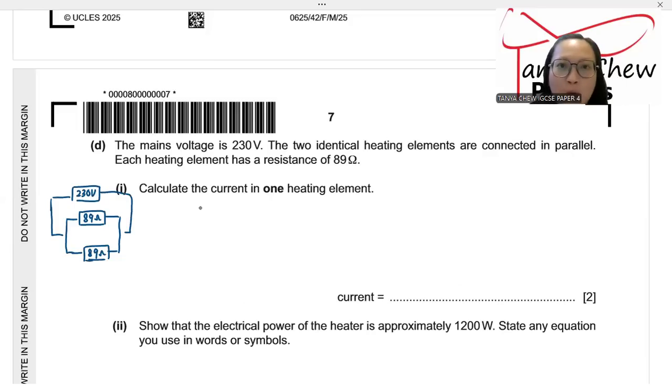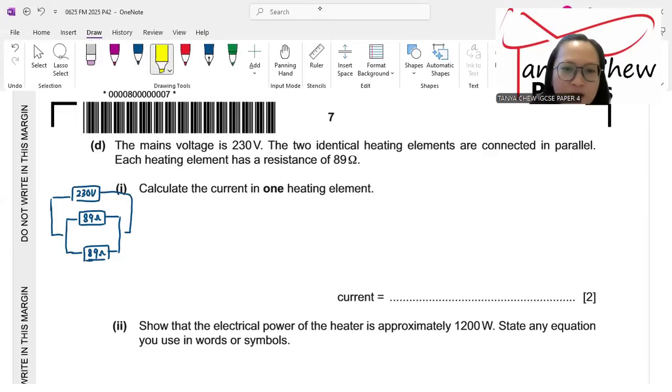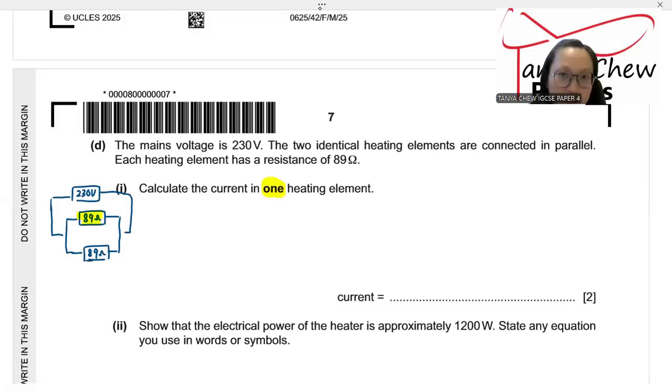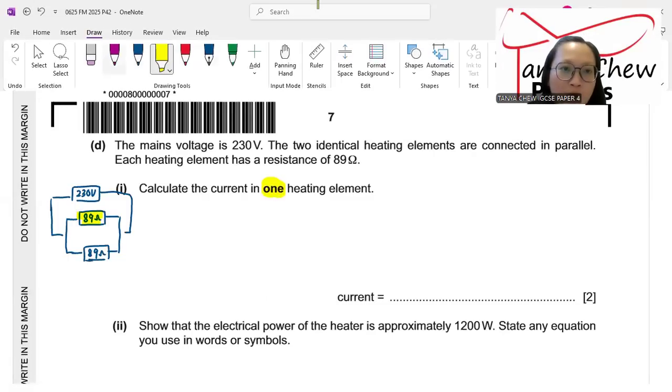Right. And I want you to be extra, very careful here. Calculate the current in one heating element only. So if you are asked to calculate the current in one heating element, you can actually use Ohm's law, because these two heating elements are connected in parallel to the mains voltage of 230 volt. So parallel circuit, you have to understand.